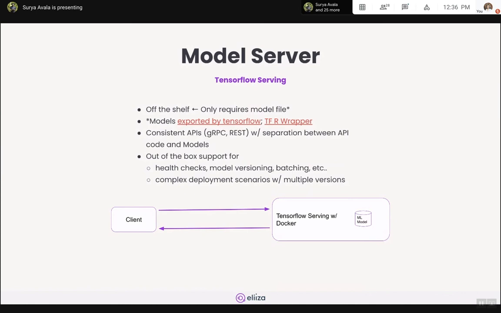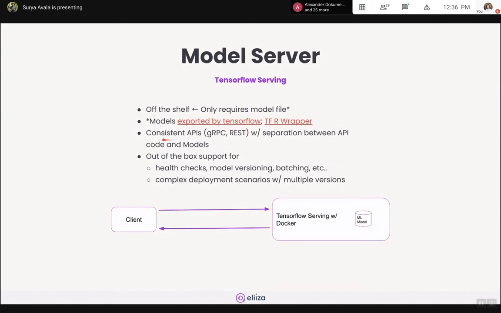But when TensorFlow exports a model, it essentially saves the computational graph also. So we don't need to give it additional inference code to make predictions on our model, because that computational graph is saved within the model itself when it's exported by TensorFlow.